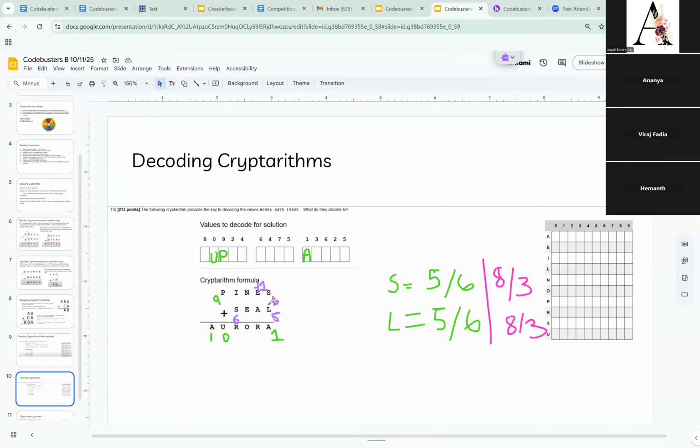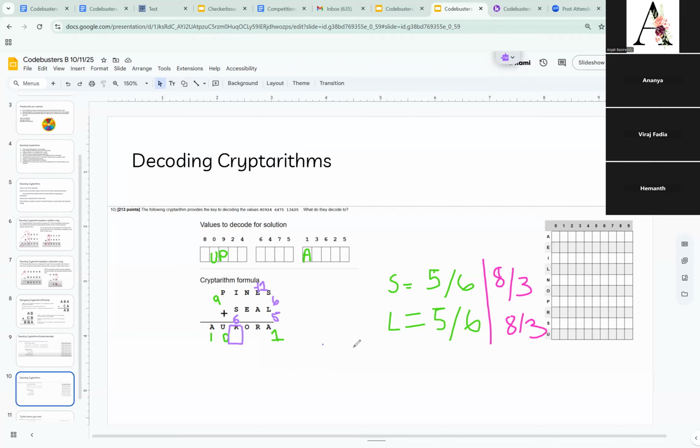And then if S is 6, then we would have to have R greater than 12, right? Because I cannot be 6, because 6 plus 6 is 12.